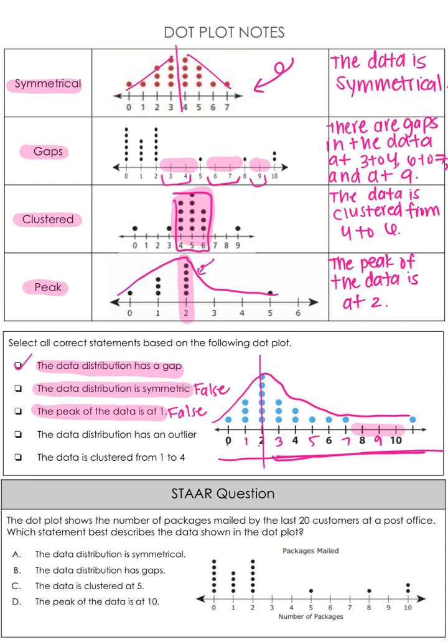Okay, next one. The data distribution has an outlier. Okay, so this one I didn't review. This is a different vocabulary word. An outlier is like a random dot far away from all the other ones. I like to say that outliers are like outsiders. They're different.